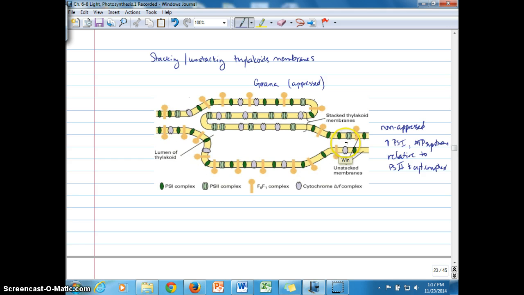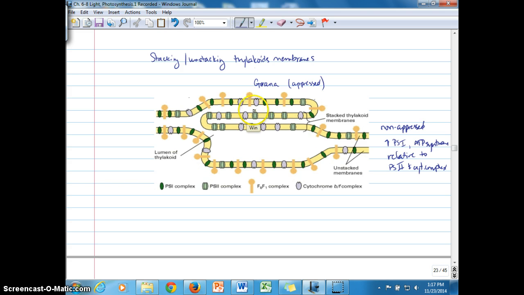So why is it that photosystem I and ATP synthase are limited from these stacked regions? Well, if you look carefully at where they are and what they're in contact with, these membranes here have the lumen inside but are exposed to the stroma on the outside. Here in the stacked regions, there's a lack of stroma spanning.